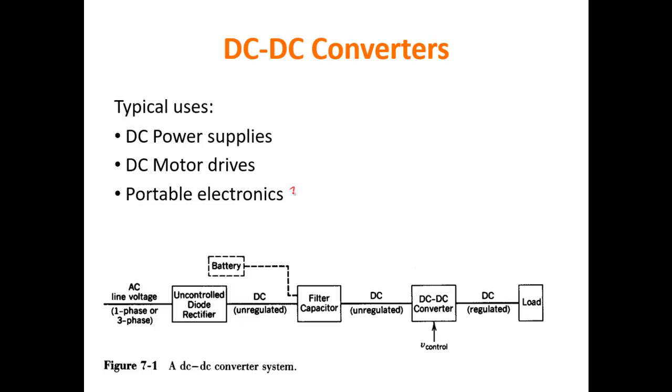Of course, they're used for portable electronics. They are typically used as DC power supplies, also, for example, for a battery charger or for an energy bank, power bank. You need to have on board a DC power supply.